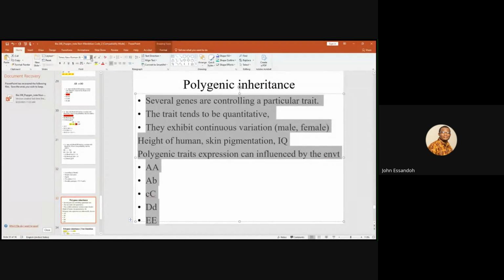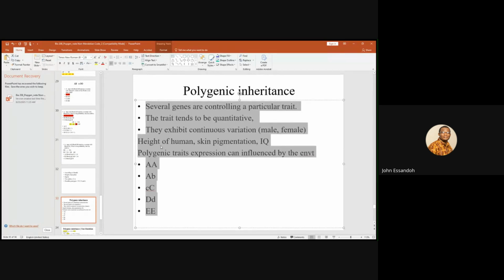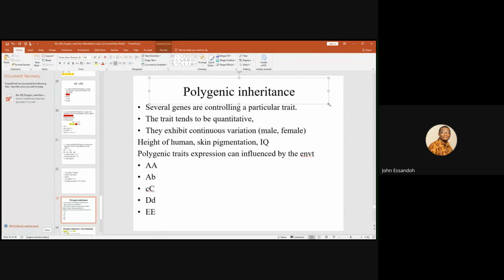So the environment can influence the expression of the polygenes.